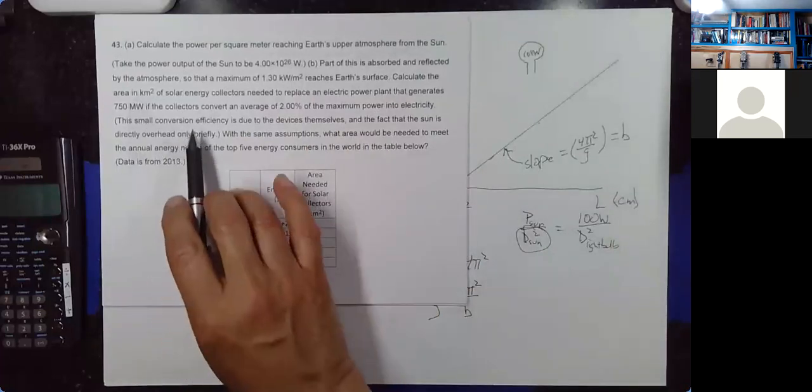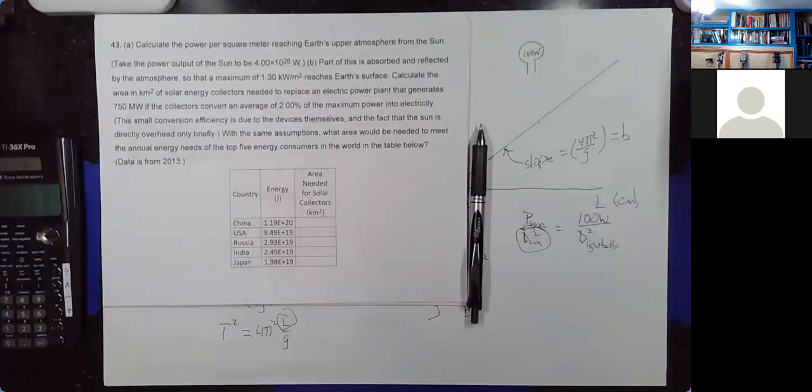And that small conversion efficiency is due to the efficiency of the devices themselves. I remember hearing a talk by someone from REC, the Renewable Energy Corporation that manufactures silicon for solar cells in Moses Lake, and they're not manufacturing right now because of some tariffs that China is imposing on silicon manufactured at other places.